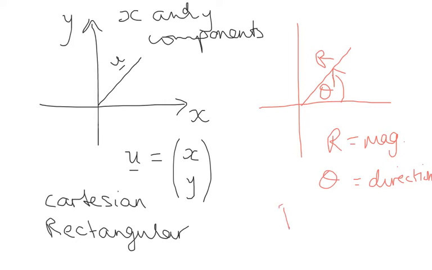This is known as the polar form of a vector. This is only possible for a 2D vector. We can convert a Cartesian form of a vector into polar form.